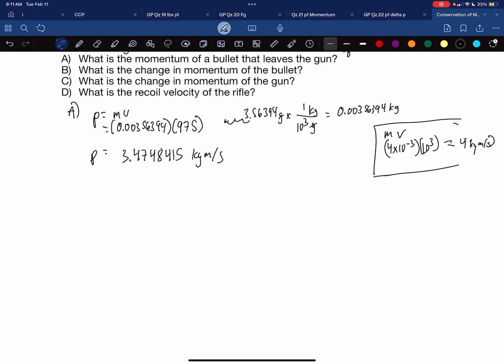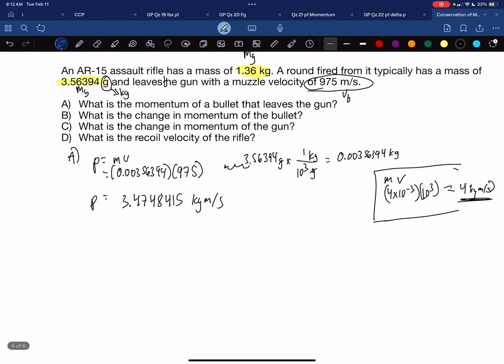We got an estimate of about 4, and this is 3.47, so our power of 10 estimate and the calculation agree. To express this in correct significant digits, the mass has 6 digits and the velocity has 3, so our final answer can have 3. The momentum is 3.47 kilogram meters per second. That is the momentum of the bullet that leaves the gun.